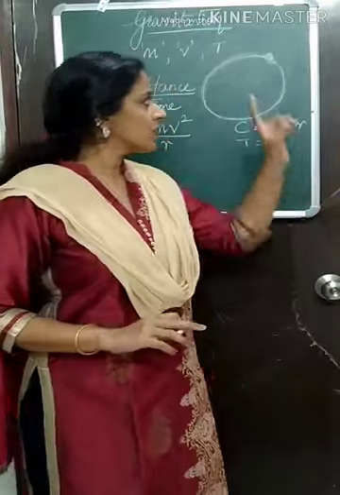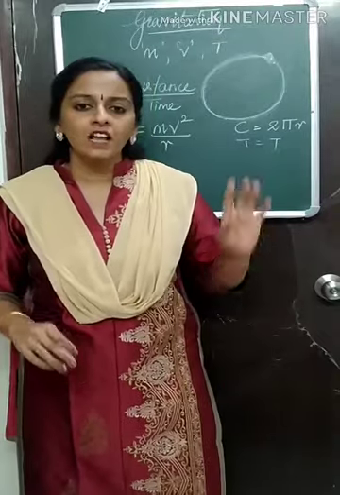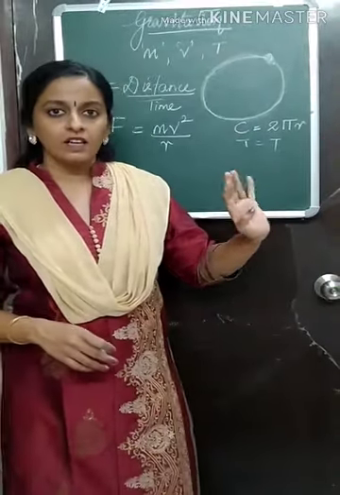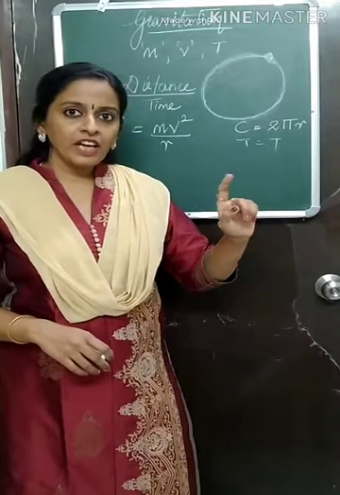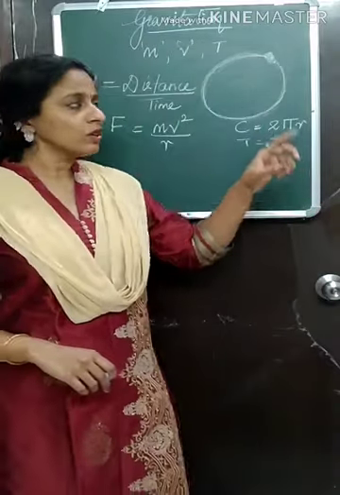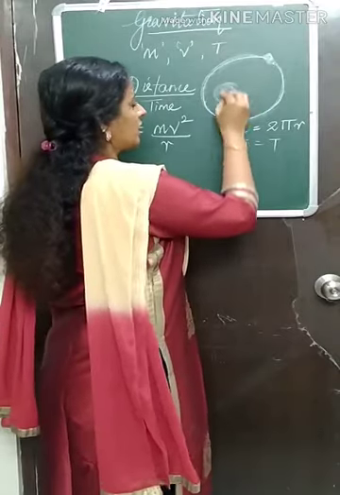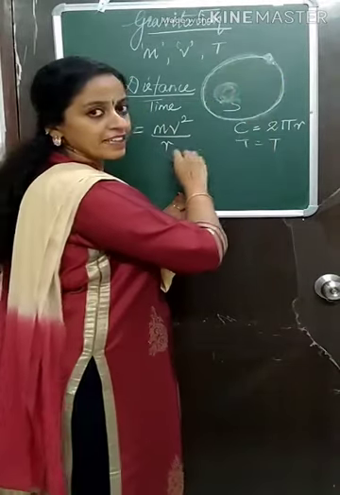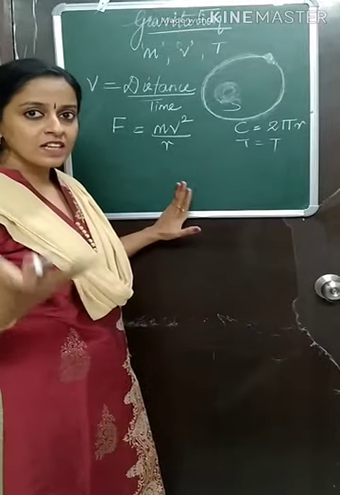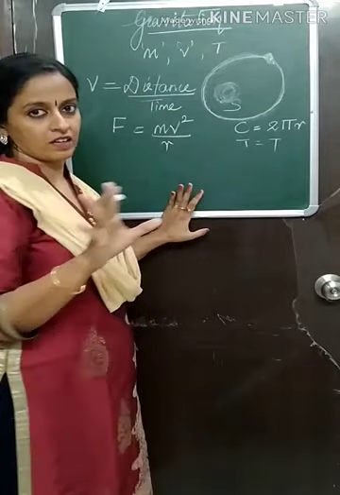Don't get confused. This is an example of an object moving in a circle. I told you why we are taking a circle: because the derivation can be explained easily with its help. But at the end of the day, we are talking about the motion of the planets around the sun. When a planet moves around the sun, it is acted upon by the centripetal force exerted by the sun, and that centripetal force is mv square upon r.